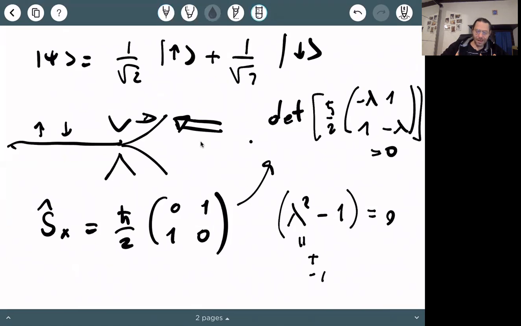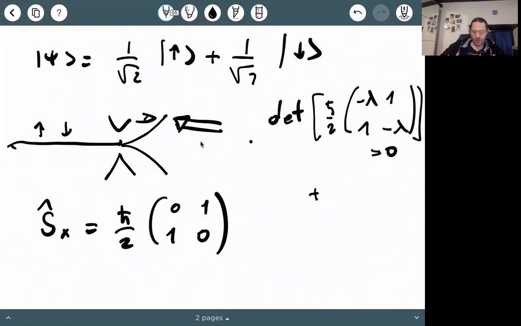So once again the possible outcomes of a measurement of the x component are plus h bar half or negative h bar half. That's why when we perform the Stern-Gerlach we have this democratic measurement.